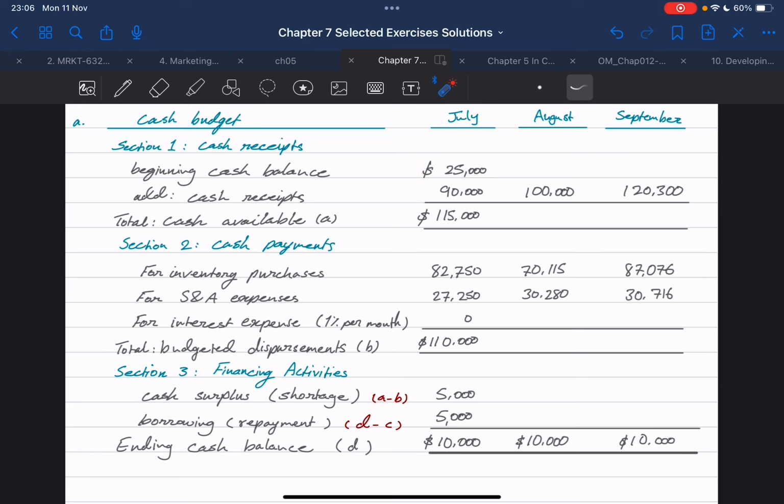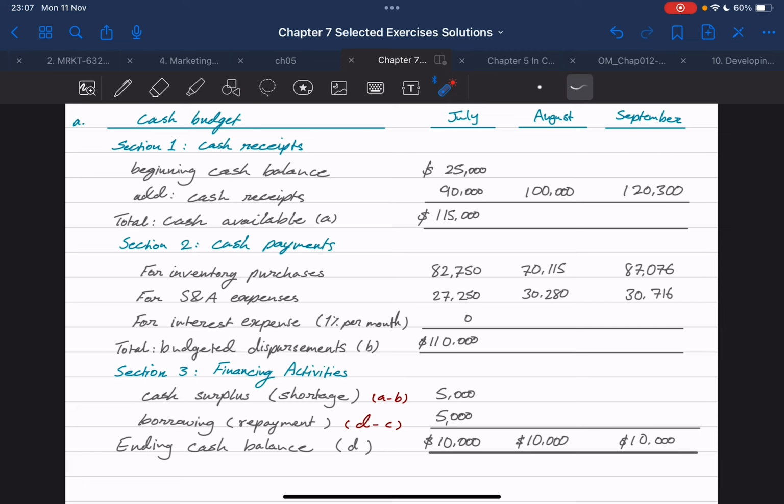We have the cash receipts for the month of July, $90,000. That gives us a total of $115,000. So that's the amount of cash that Jane's dress business is expecting to collect in July, right? So that gives us the total cash available of $115,000.